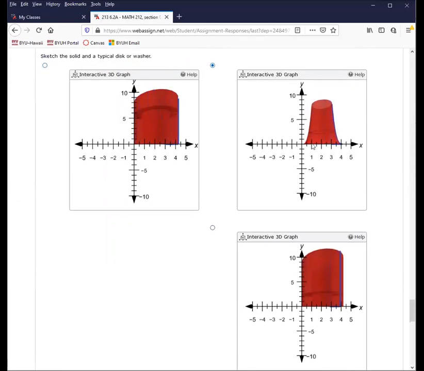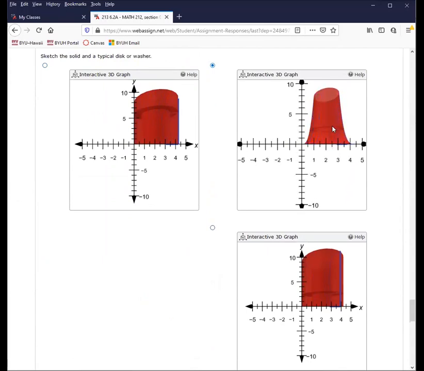This is the one right here. It's rotating about there. Okay, so let's go back to the other document.